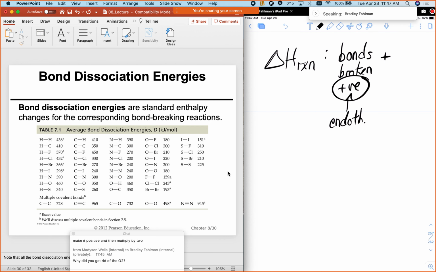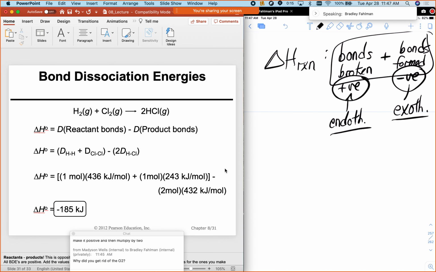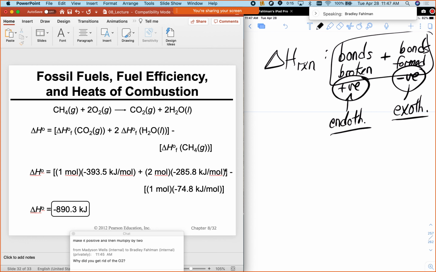Then you add up all the bonds that are being formed, and that's going to be negative because these are exothermic. Then you just add these up. So you're really just setting up a little table of all the bonds being broken and all the bonds being formed, and then adding them up.